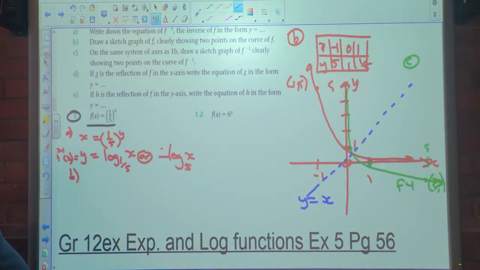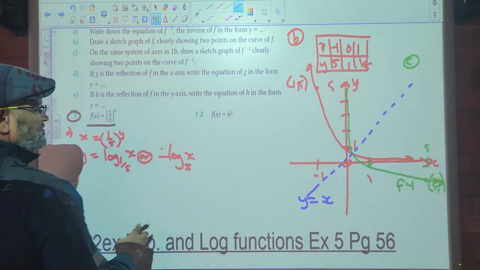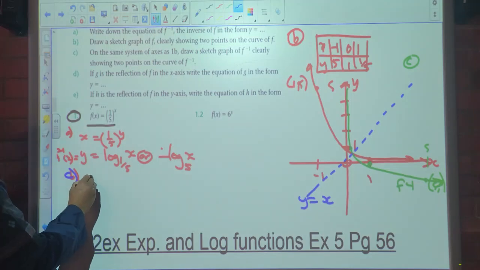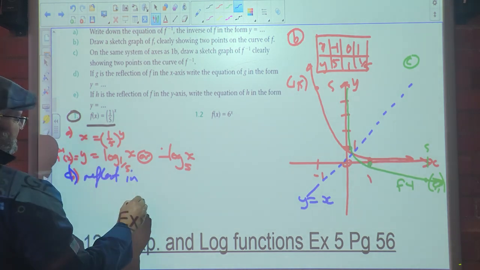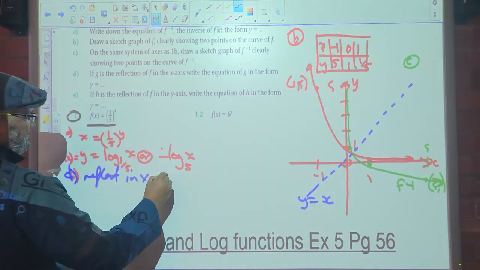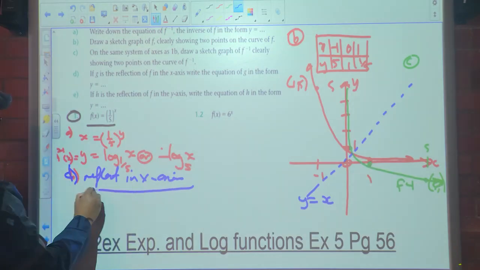D. If G is a reflection of f in the x-axis, so if something is reflected in the x-axis, what do we know? y becomes negative. So reflected in x-axis, y becomes negative.